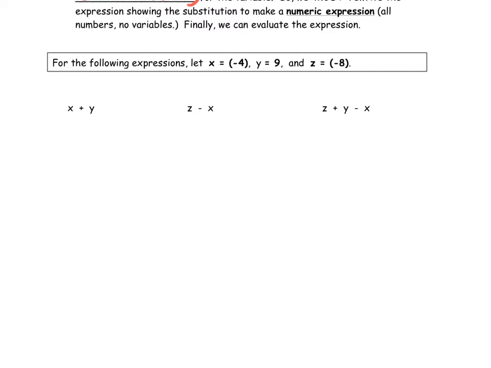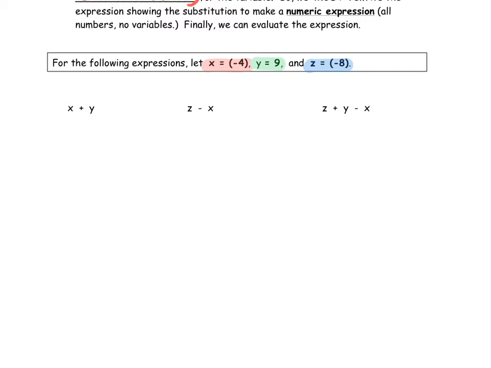Doesn't matter what color. These colors don't have any meaning right now other than the fact if I see x, I'm going to fill it in with -4. If I see y, I'm going to fill that in or substitute 9. And if I see z, I'm going to fill that in or substitute with -8.